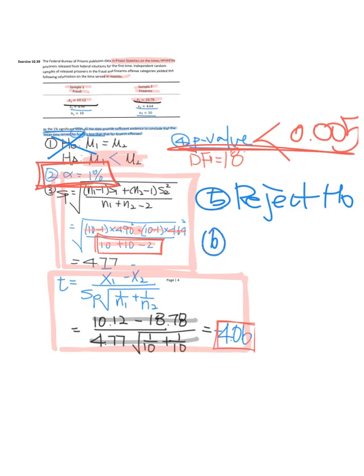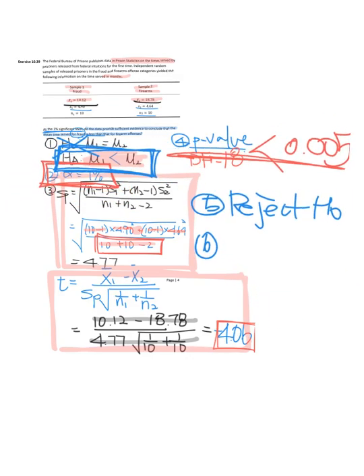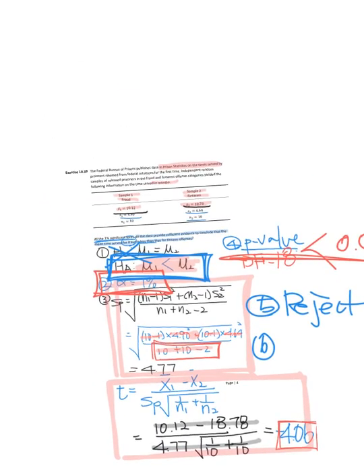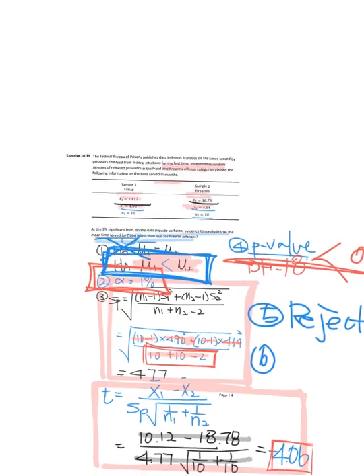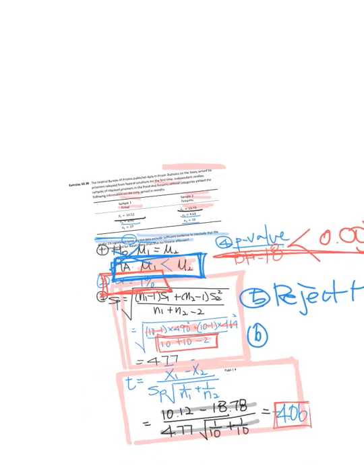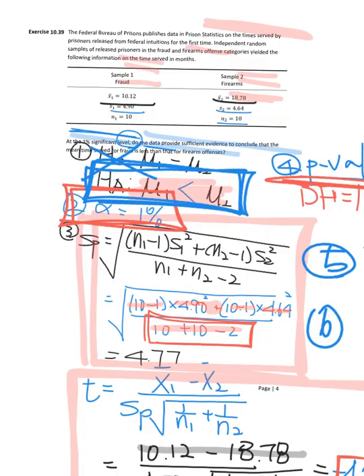In step 6, we should interpret the alternative statement, which was mu1 is less than mu2. What does it mean?